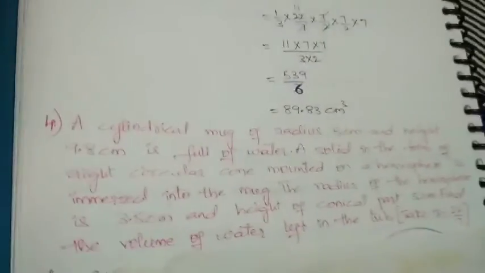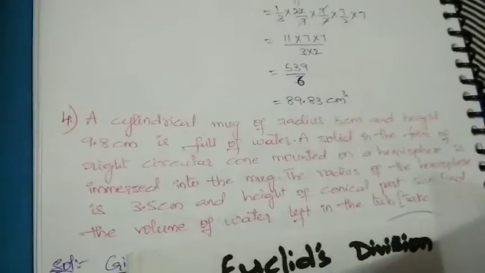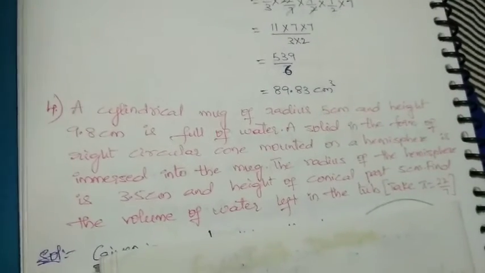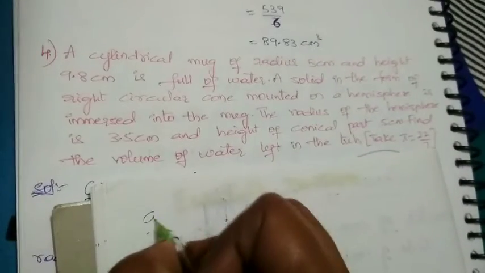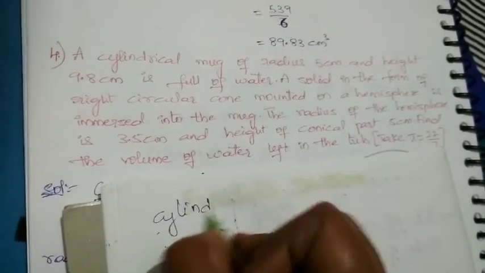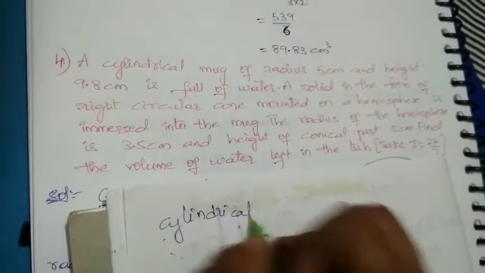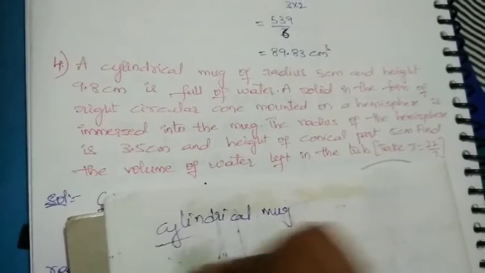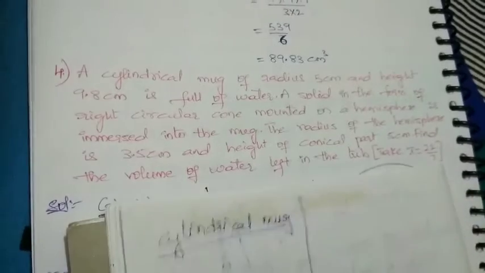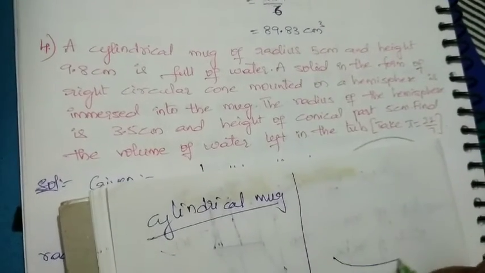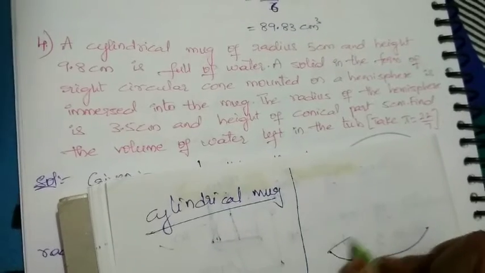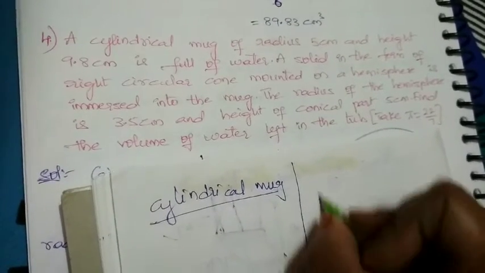Here is your next one. A cylindrical mug of radius 5 centimeters. Let us write the measurements and parallelly draw the figure also. Cylindrical mug, 5 centimeters radius. Let me draw the cylindrical mug.